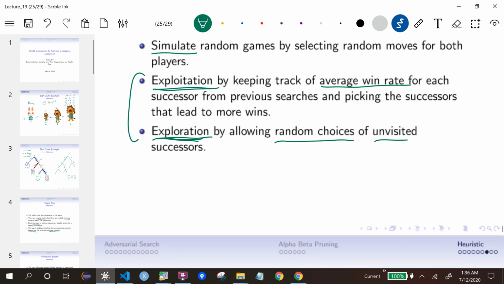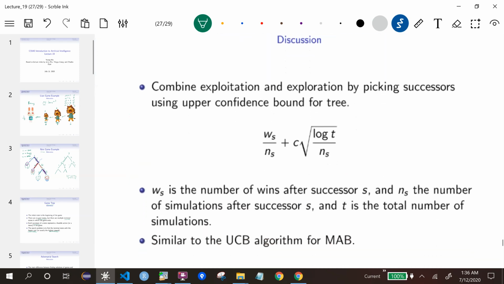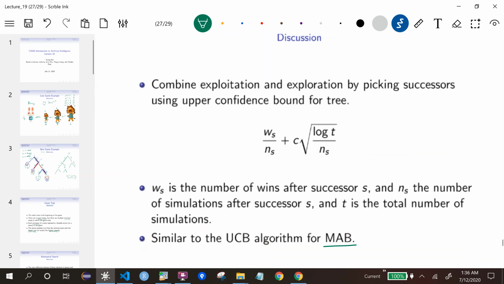I should have talked about this in the reinforcement learning lecture. In the reinforcement learning lecture last year, I talked about a problem called the multi-armed bandit problem, and there is an algorithm called the upper confidence bound algorithm that's used as a reinforcement learning technique to trade off exploration and exploitation. However, I didn't talk about that here, so you don't know what this formula is, so I'm not going to talk about it.